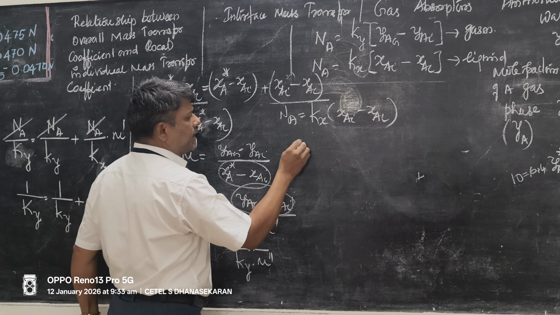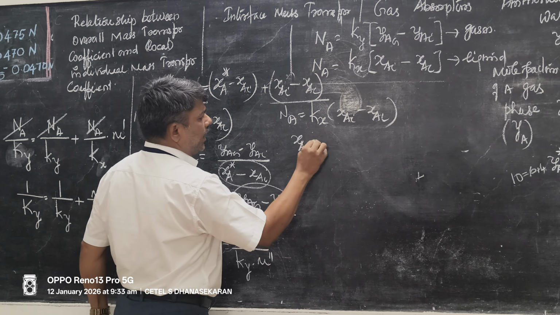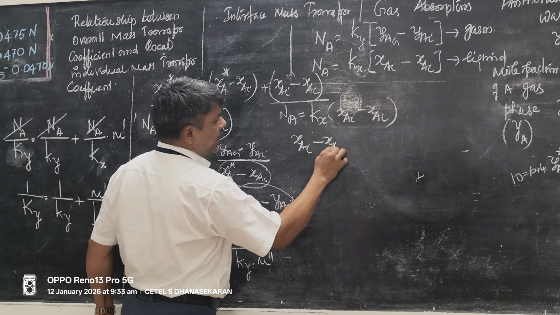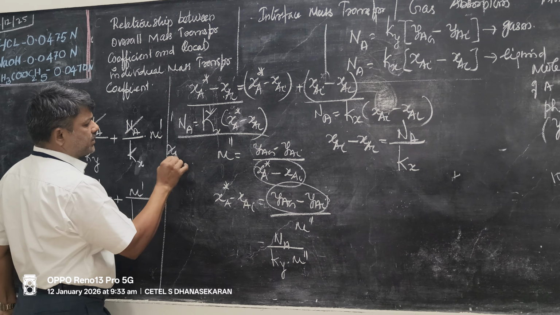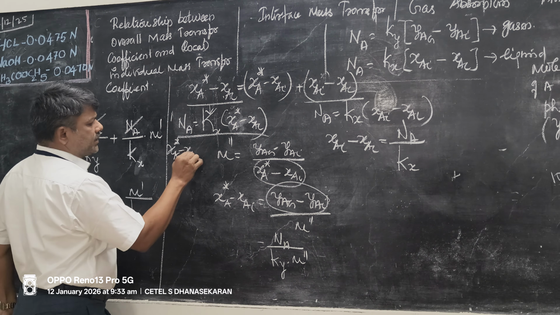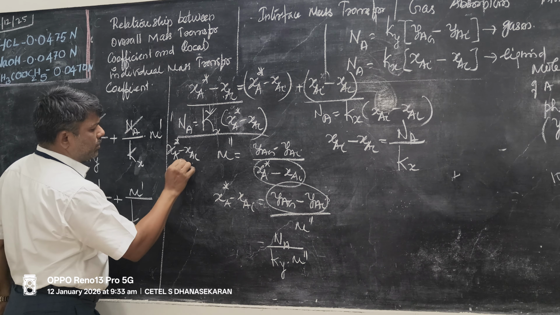From this equation, I can write xAI minus xAL is equal to NA divided by small k suffix x. From this equation, I can write xA star minus xAL is equal to NA divided by capital K suffix x. Equation number 1, equation number 2, equation number 3.